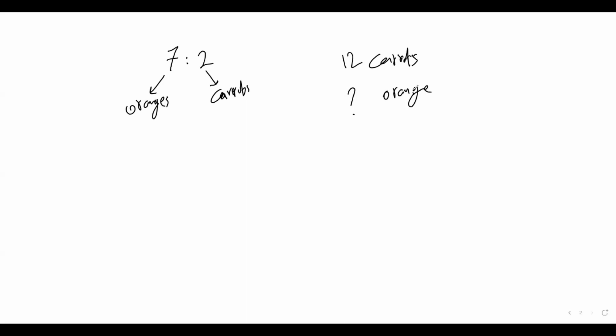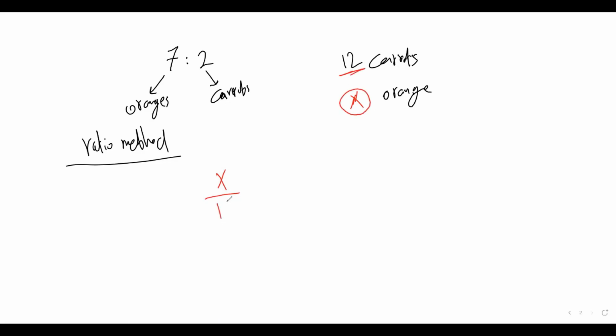Again, you can use ratio method or you can use unitary method. So I'm gonna do ratio method here. All I need to do is to form the fraction, but you have to be careful. Let me label the amount of oranges to be X. So X is here, and for this much of orange, I need 12 carrots.